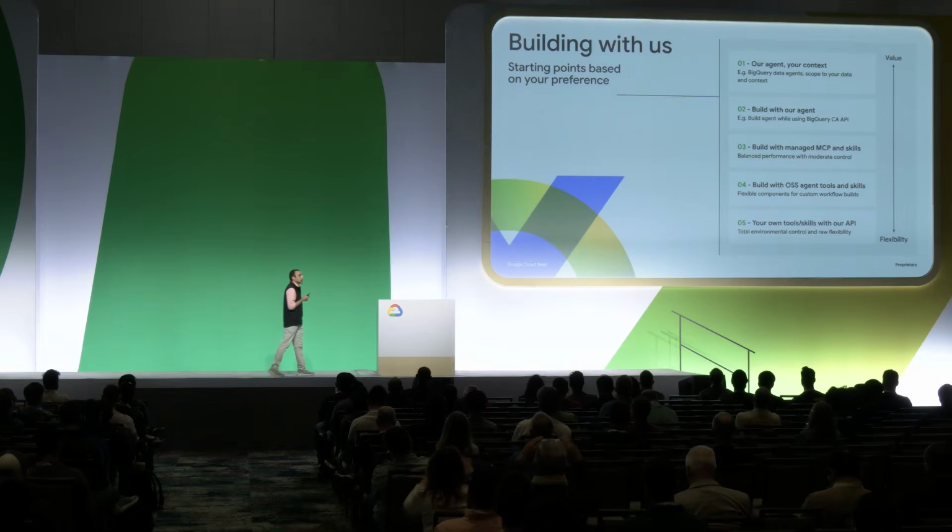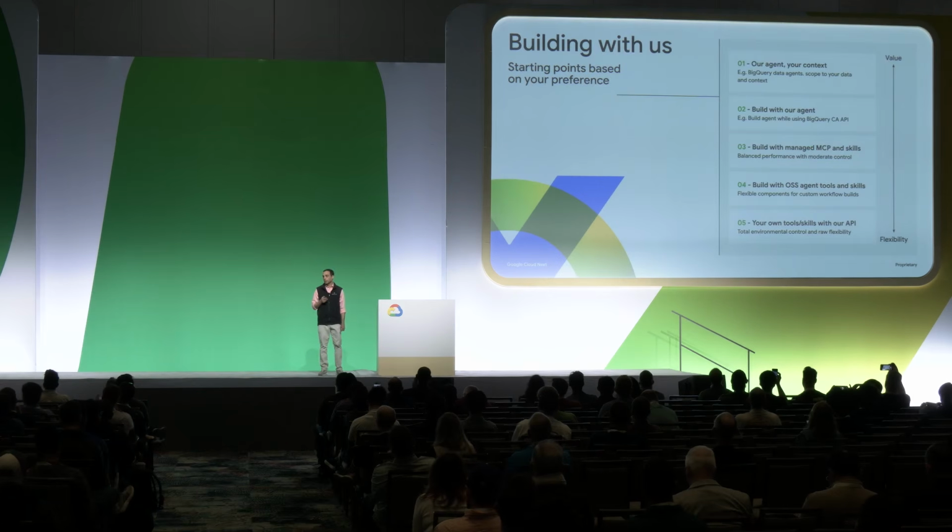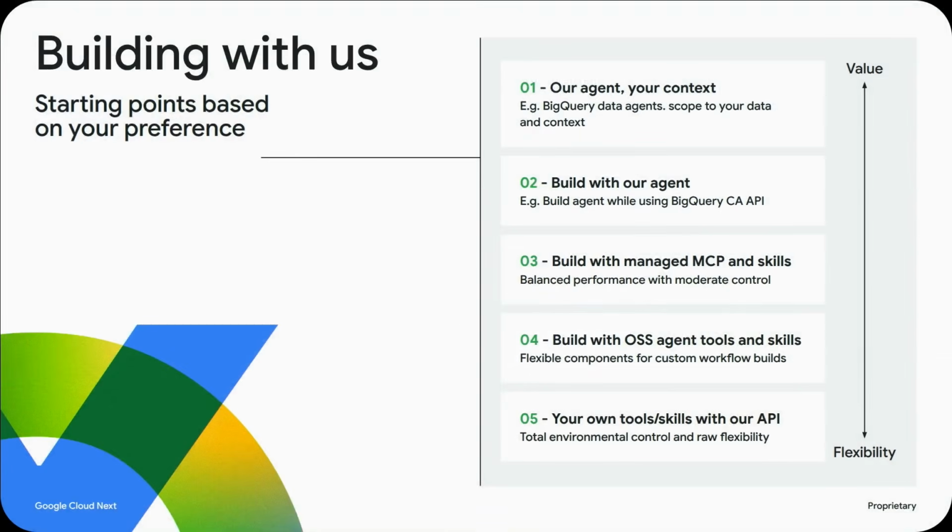We have a set of options as your starting point when you choose to build with us. And the way I have arranged this is in a stack, where as you go up the stack, you get more built-in value from us, while as you go down the stack, you have a lot more flexibility, but then you own the value creation.